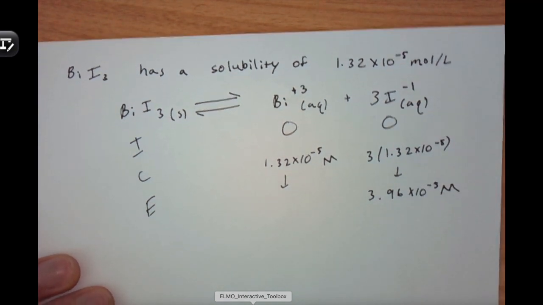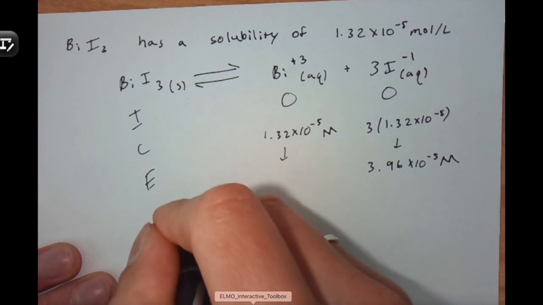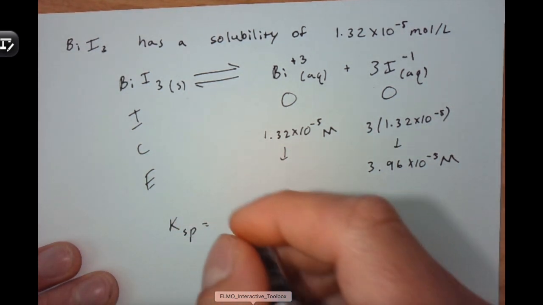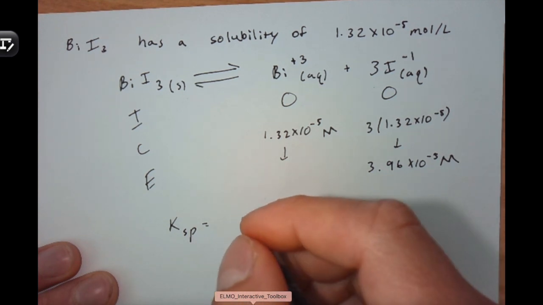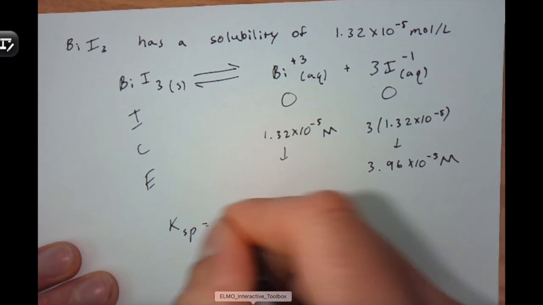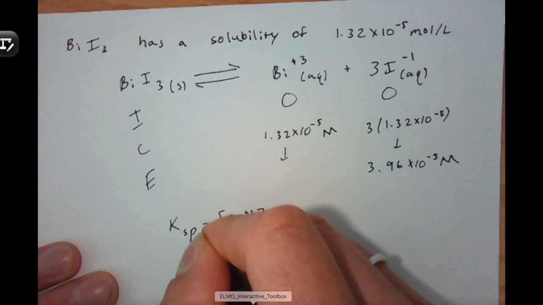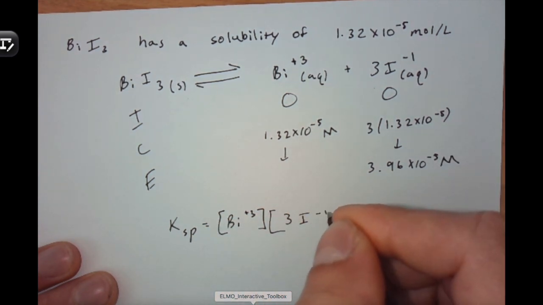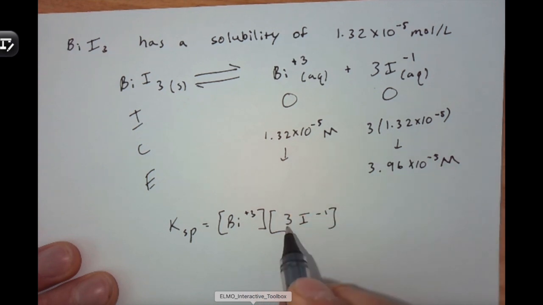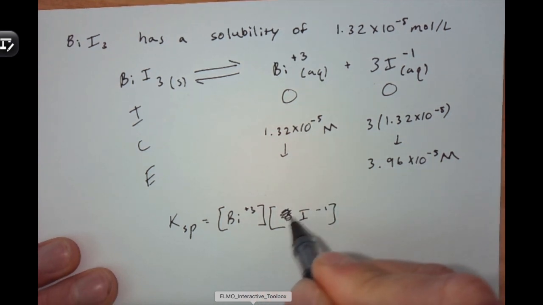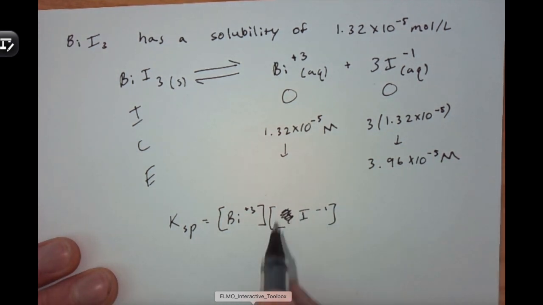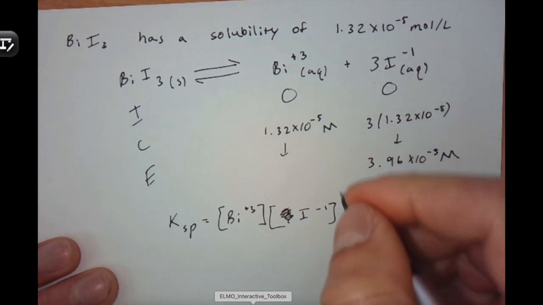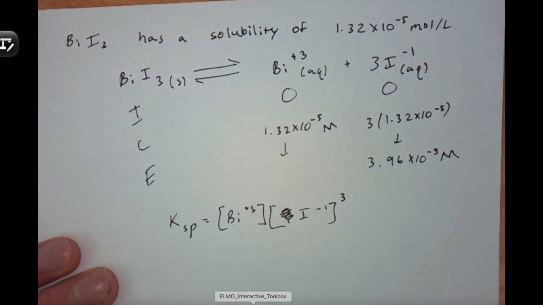Now, the question was asking you, what is the Ksp? Ksp, like any K, is products over reactants, which is our Bi products times I -1. And that 3 is actually in the wrong place. It's I -1 iodine, but because it has a coefficient of 3, my exponent becomes 3.